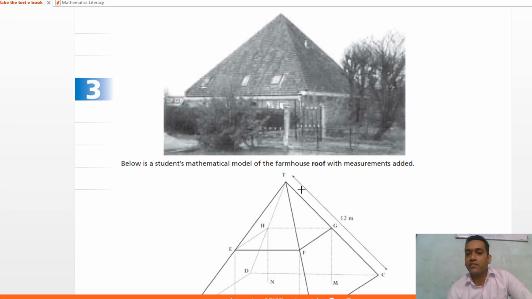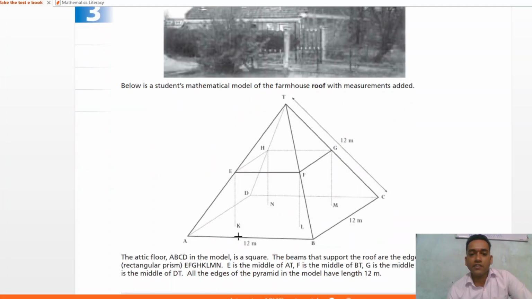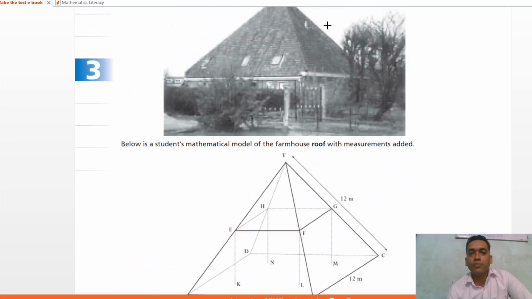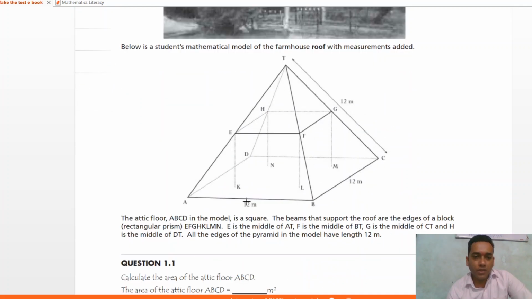What the student has done is draw this roof on paper and write the dimensions of the edges of this roof. As we generally make diagrams in mathematics, he has also made a diagram of the above problem.